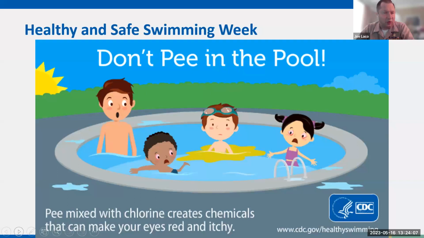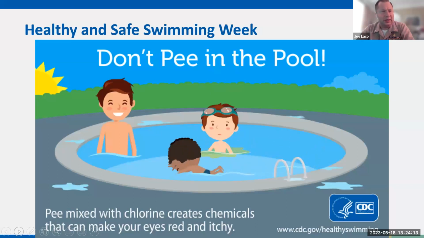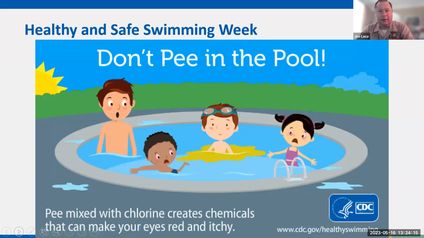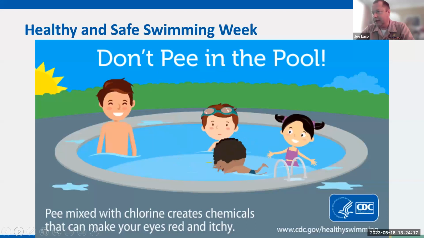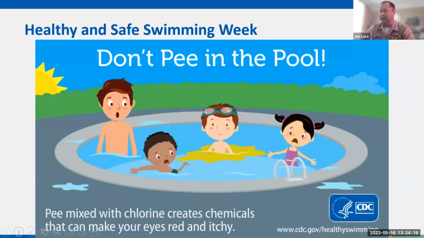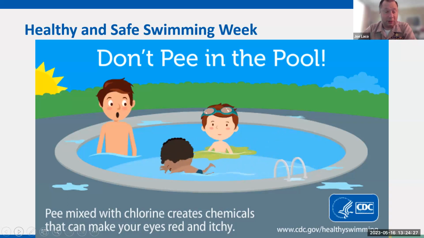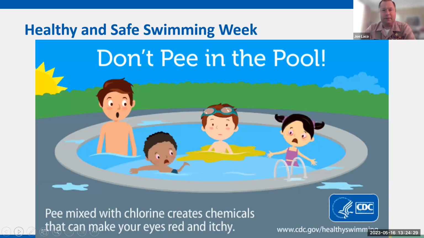And if you're in an indoor pool and the concentrations of chloramines are high enough, it can even cause some respiratory irritation. But if you look at that slide, after he pees, you could see our swimmer and the girl on the right, their eyes get red because that's what kids do. They open their eyes underwater.